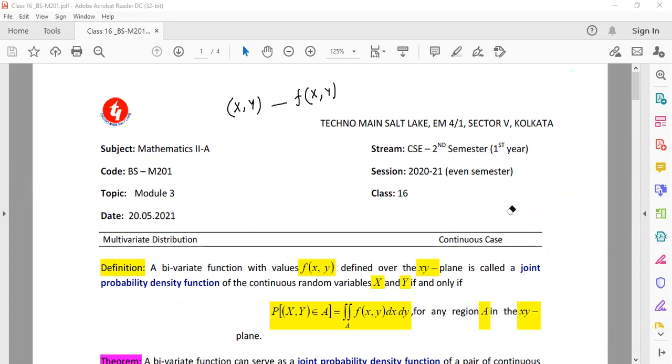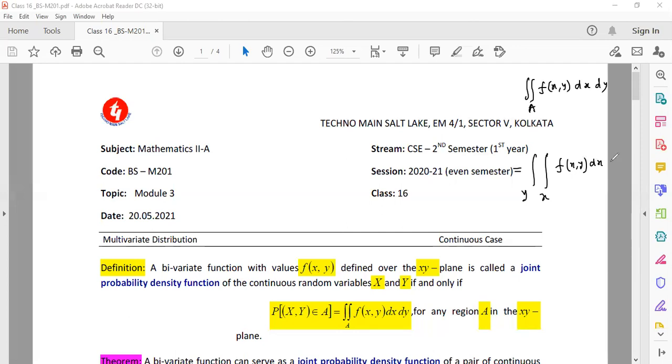order of integration. Whenever I write double integration over A fxy dx dy, it actually means that we have some range of y and some range of x, and on the basis of this range of x and y, we are going to integrate our function fxy.